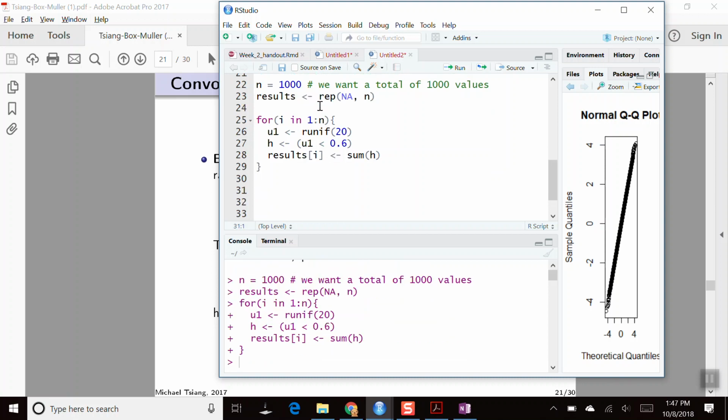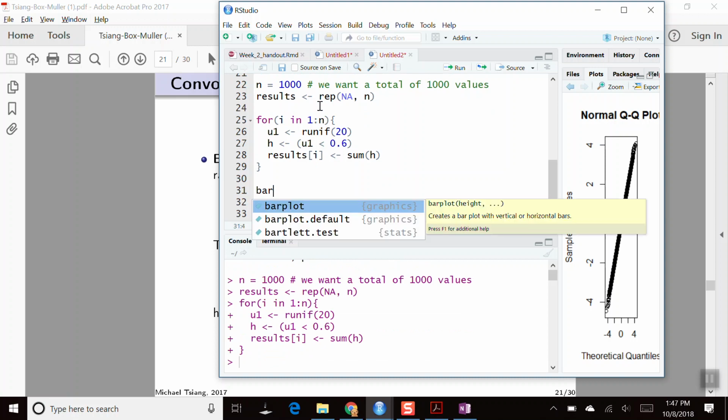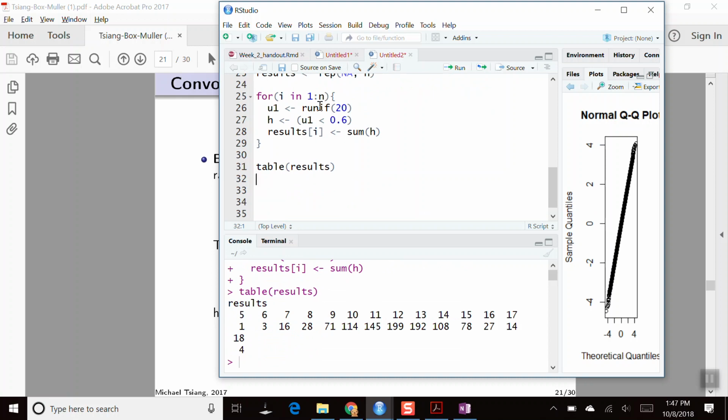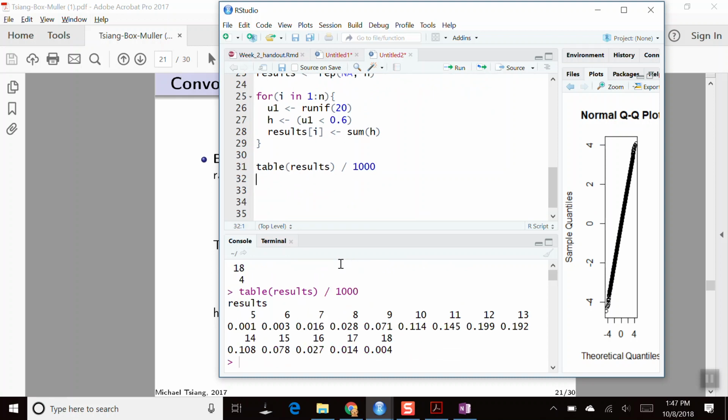Okay, we're done. Let's see the table of our results. That seems pretty reasonable. Table of our results, and then let's divide that by 1,000. Then let's see dbinom of 5 through 18 for size equal to 20 and probability equal to 0.6.